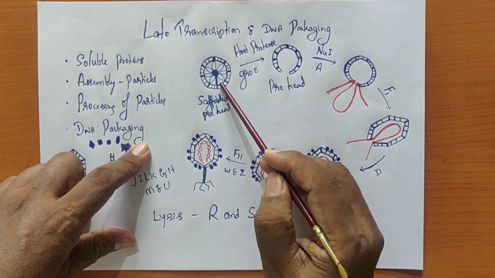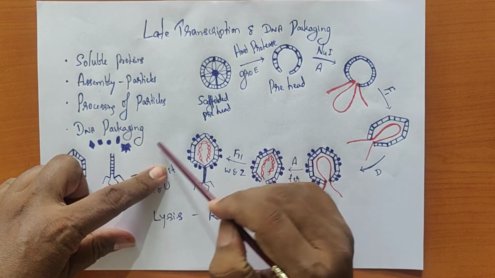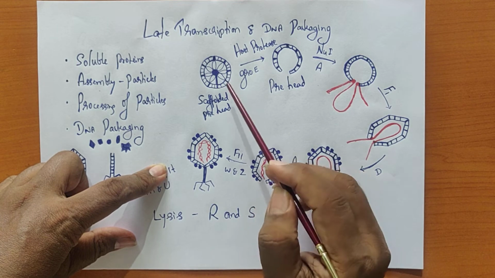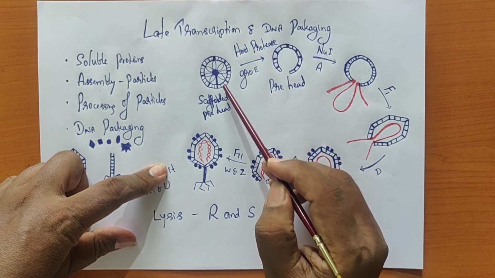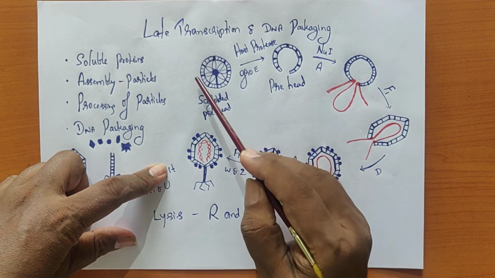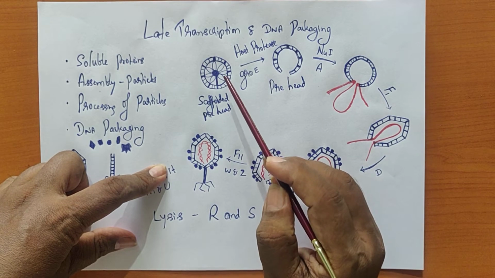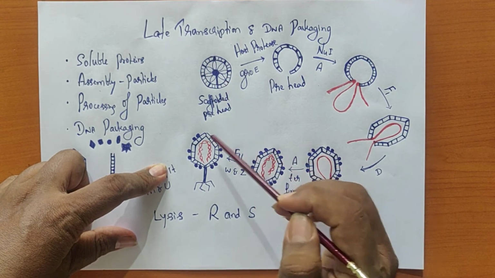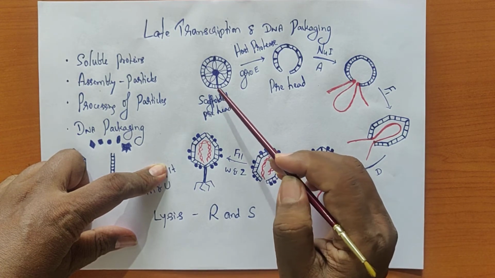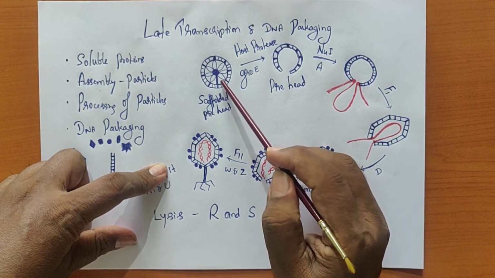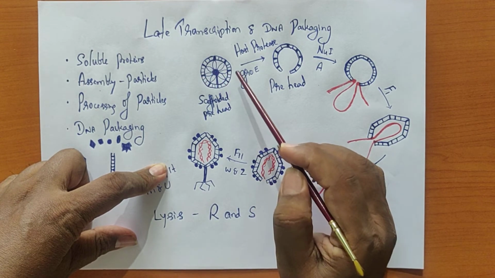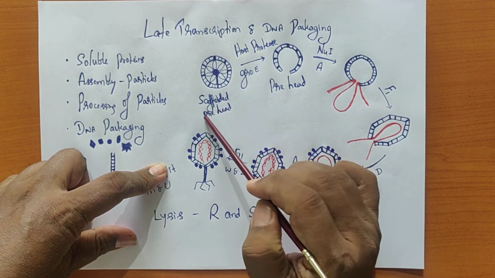This scaffolded prehead is the earliest precursor, with a lot of proteins assembled, and it is not convenient for DNA packaging. So the additional scaffold proteins have to be removed.